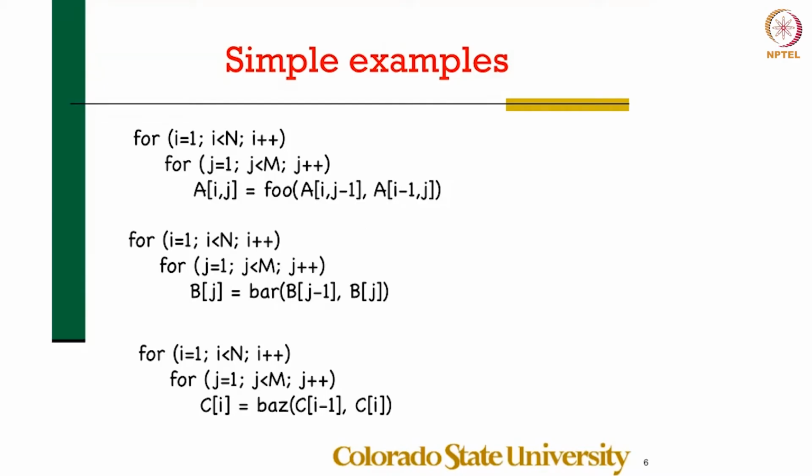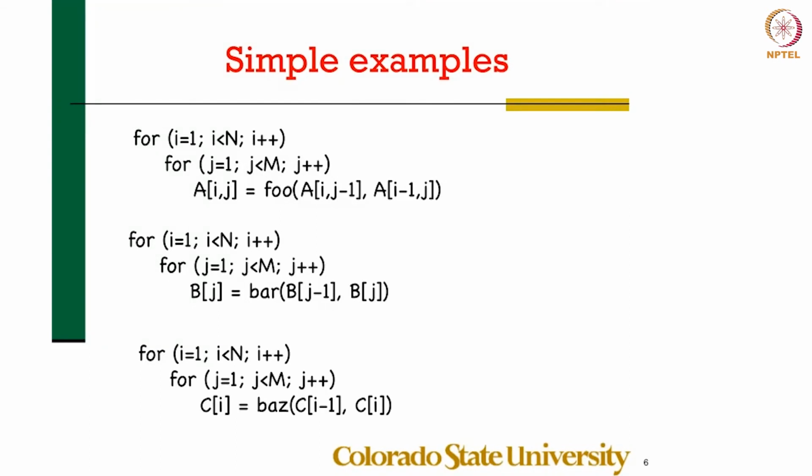Are you sure? What if j equals 1? So the answer to that is subtle. For points sufficiently far from the boundary, it is i, j minus 1, as you rightly say. At certain other points, it may be different.